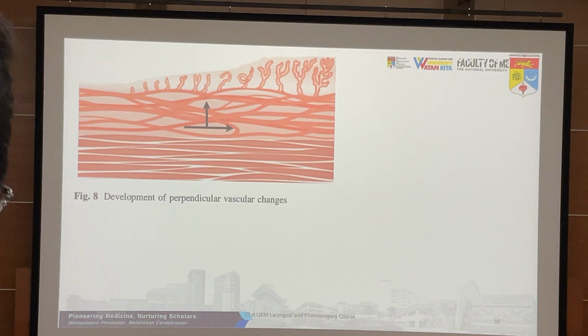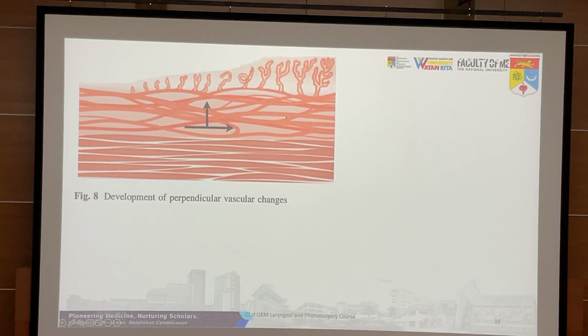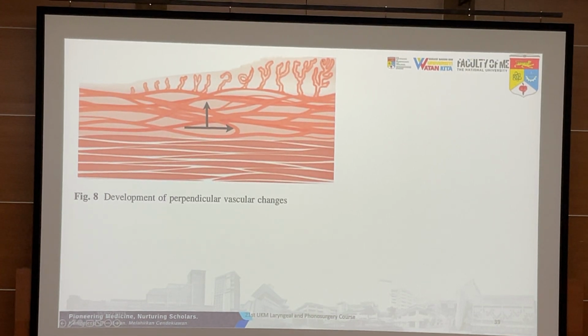And you want to see how the vessel looks on the surface of the mass. This is a cross-sectional view of the vocal fold. That is muscle, that is the base, the vessel on the vocal fold, that is the lesion. So when the vessel feeds the lesion from below, you see from the top, your scope from the top.